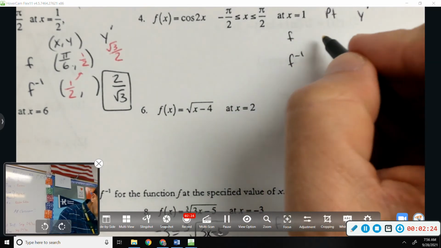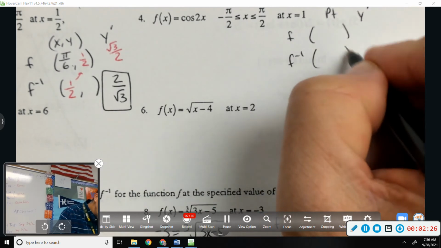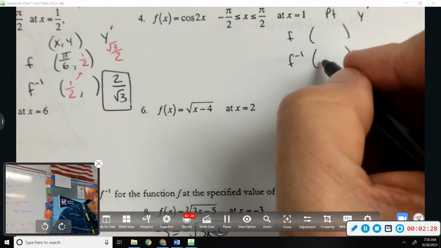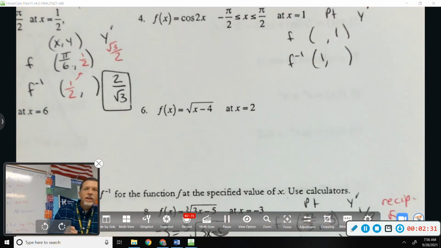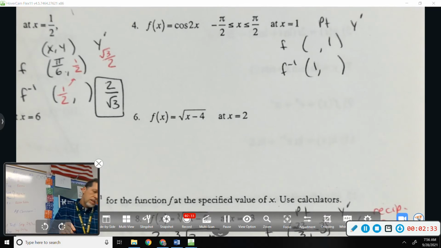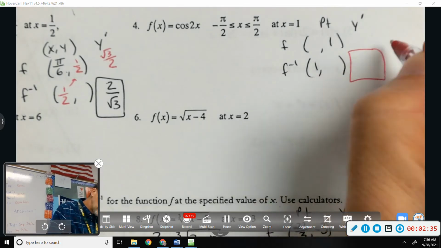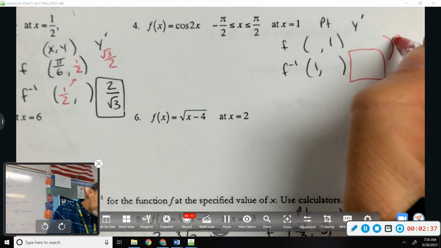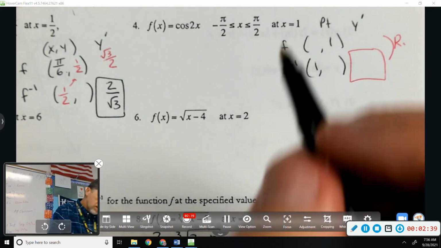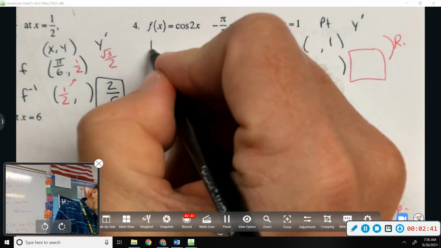Again, I think it's worth the time to set up the table. If you can pull it off without that, good for you. And I'm aiming for this, which is the reciprocal of what's above it. So the y value is 1.